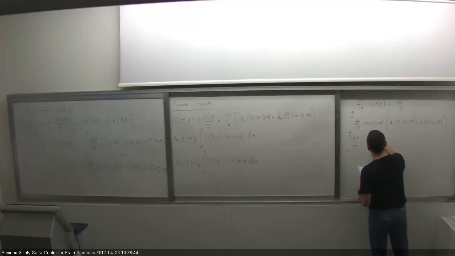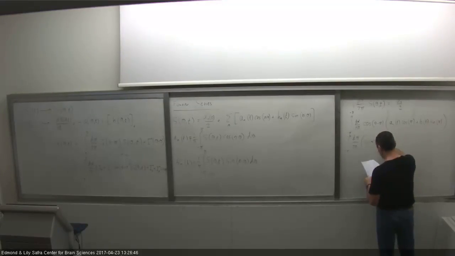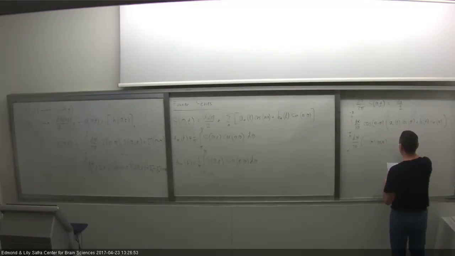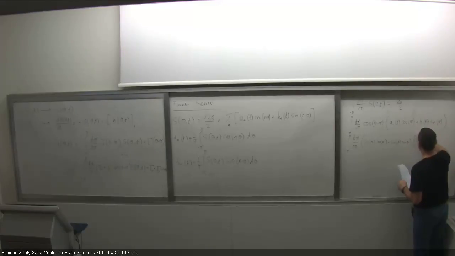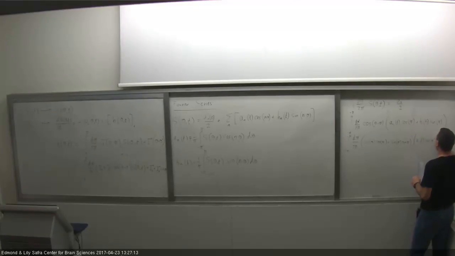So I'm using the trigonometric identity. The first time that I do it, I will do it slowly.